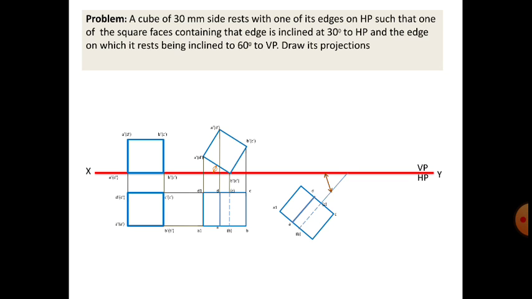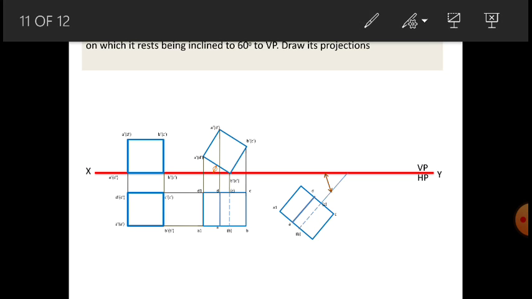Now what we are going to do is, this is the last and third part. The object which you have got by inclining to 30 degrees, the same object you are going to incline to 60 degrees.